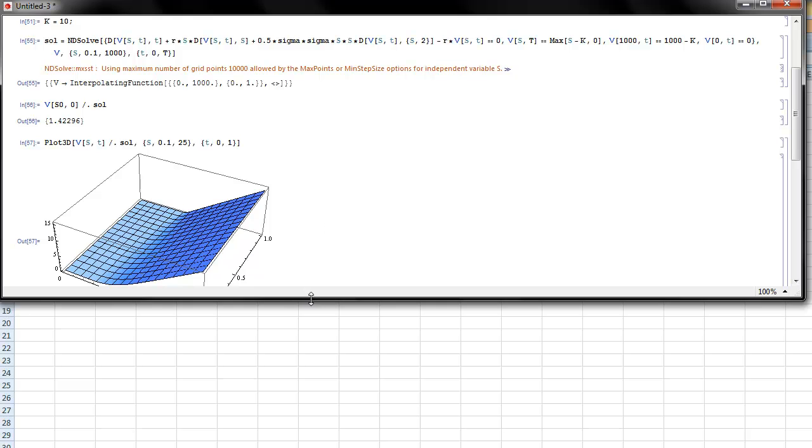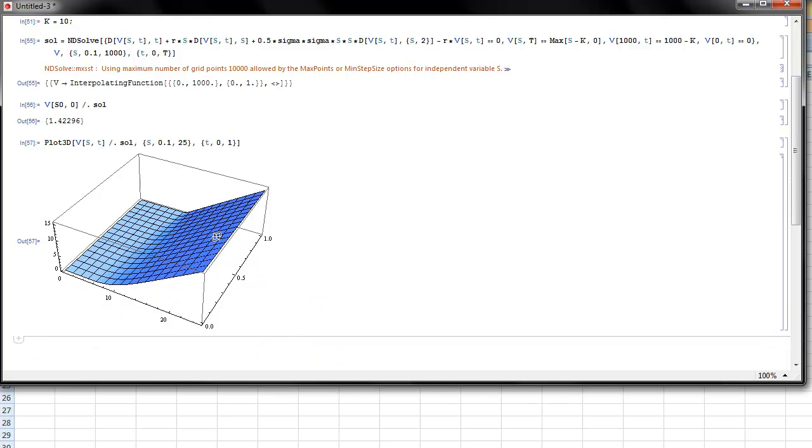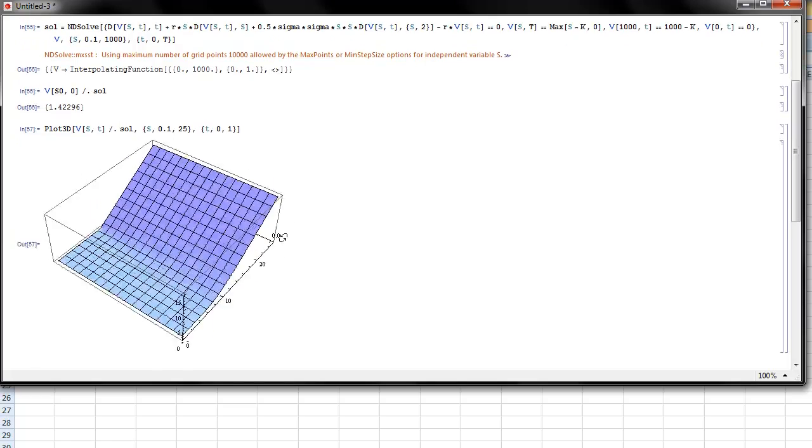And this is the so-called pricing surface.